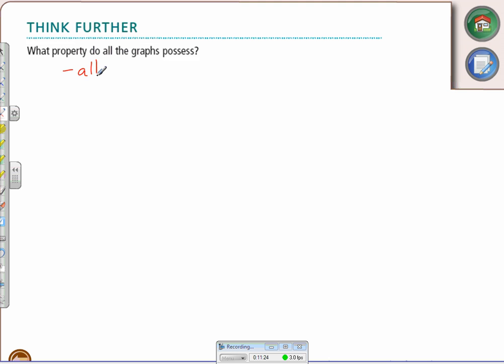So they all have a vertical axis of symmetry, just like the original quadratic had.